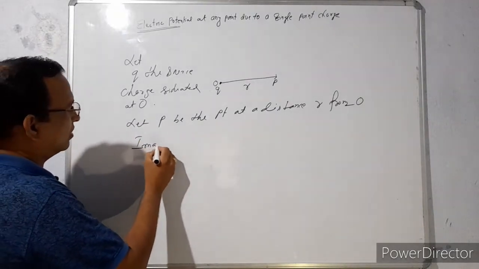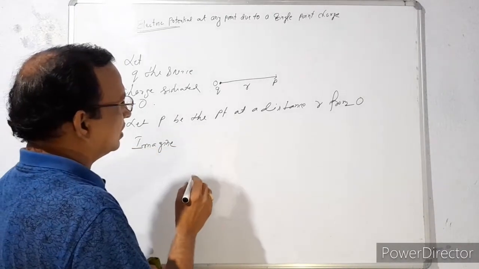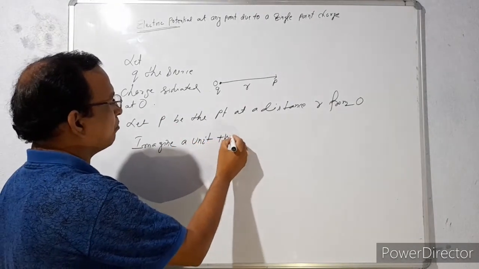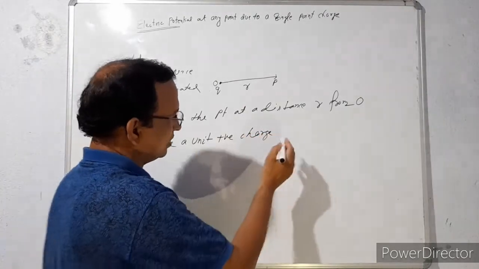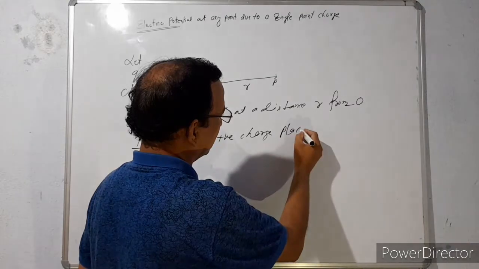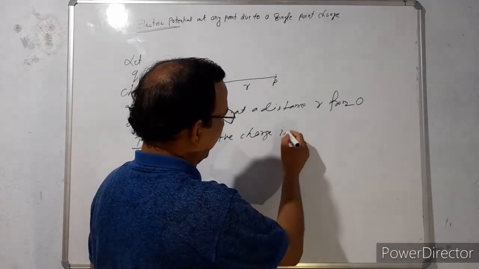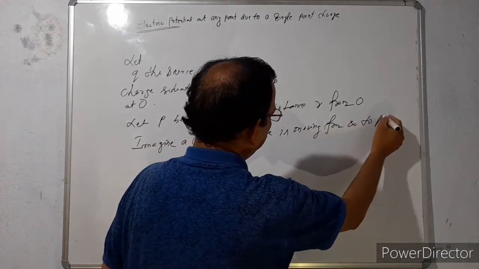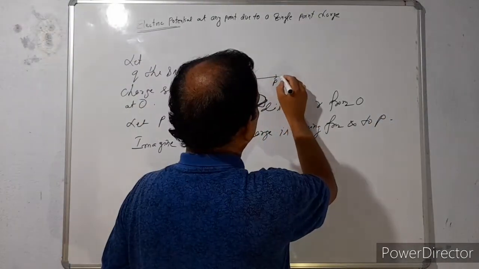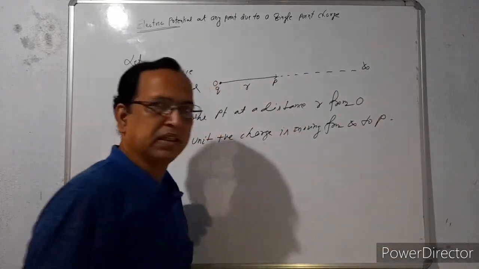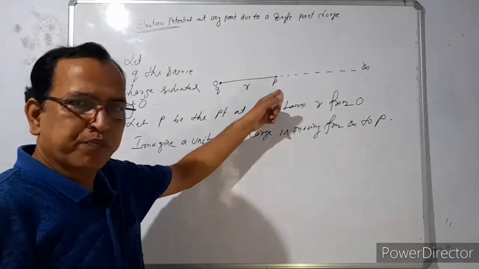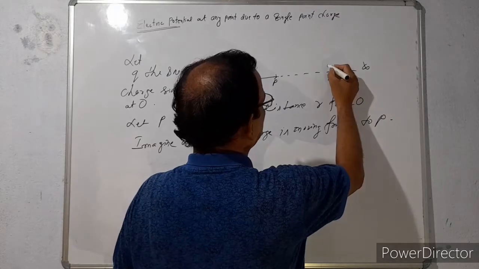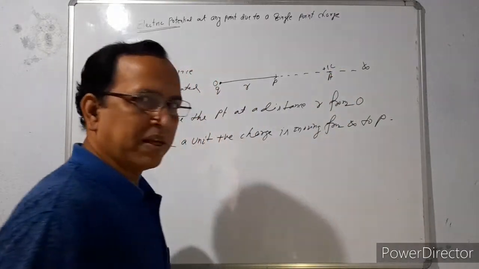Imagine a unit positive charge moving from infinity to the point P. That means a unit positive charge is at infinity, which is moved towards P. In that path, A is a position at which the unit positive charge, that is 1 coulomb, is placed.